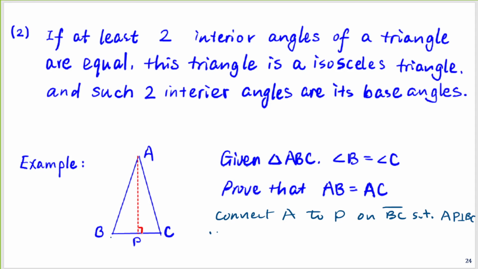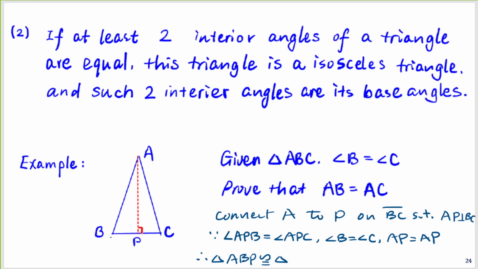This is possible because angle ABP equals angle APC, angle B equals angle C, AP equals AP. We have triangle ABP is congruent with triangle ACP by AAS, right? Therefore, we know the corresponding parts AB equals AC, right? This is a proof of the second property.